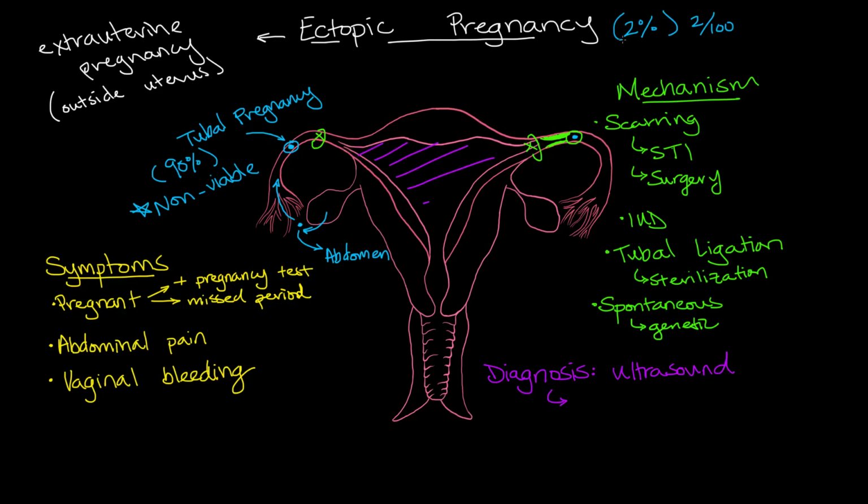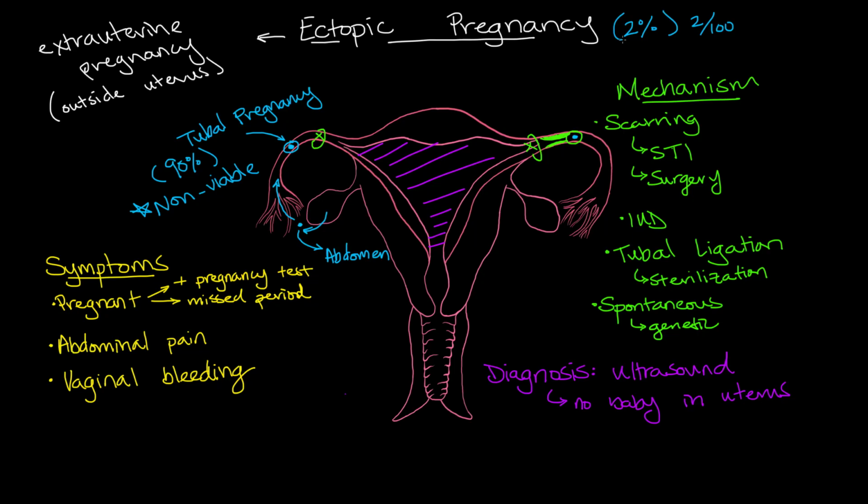And so if there's no baby inside of the uterus, there's a very high chance that it's an ectopic pregnancy. So if you can't see any sort of baby or even gestational sac, it's called, then there's a high chance it's ectopic. So no baby in uterus.